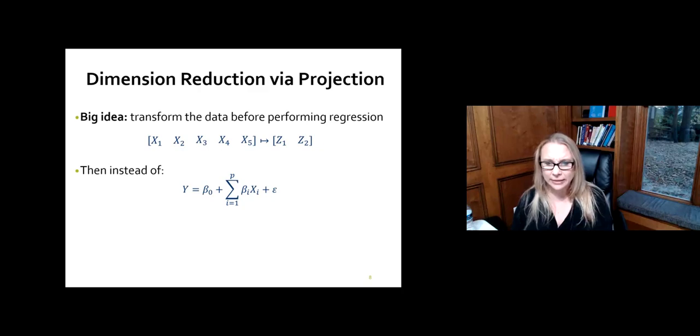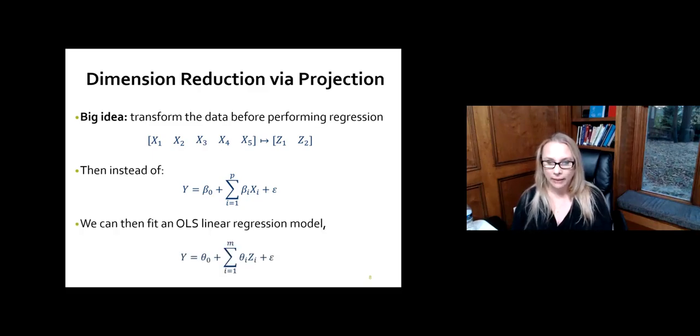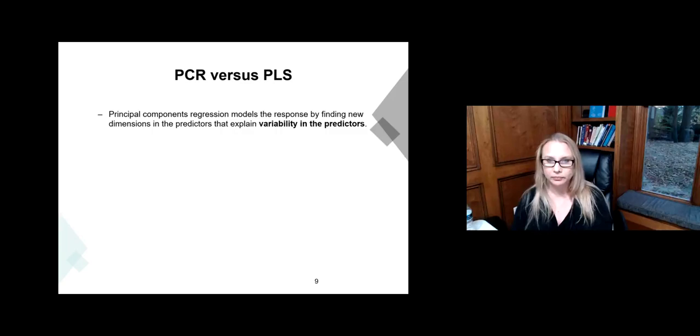Instead of finding the beta parameters that minimize the sum of squared errors, we're trying to find these beta coefficients, and so we're trying to minimize the sum of squared errors that way. And what we can do is find a regression model that minimizes the sum of the squared error, but instead of using the x variables, we are using the principal components instead of those underlying predictor variables.